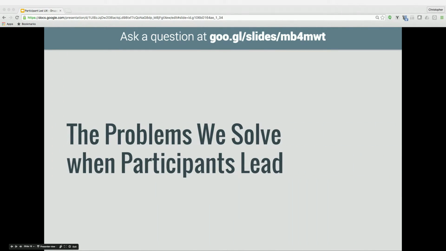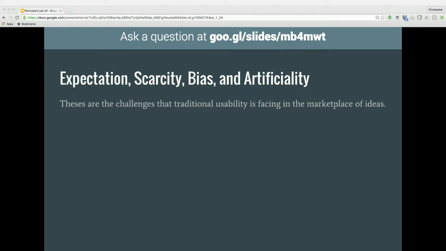So the problems that we solve when we go participant-led. There are the problems of expectation, scarcity, bias, and artificiality. These are things that are not only pervasive problems in software, they're persistent and existing knocks against using usability in the first place. Usability is one of those grand old things that's been around forever.